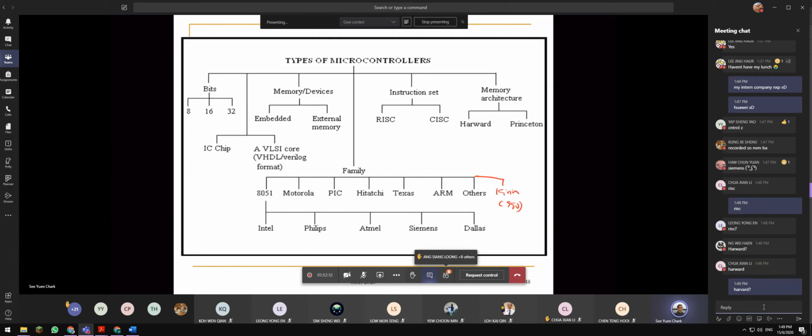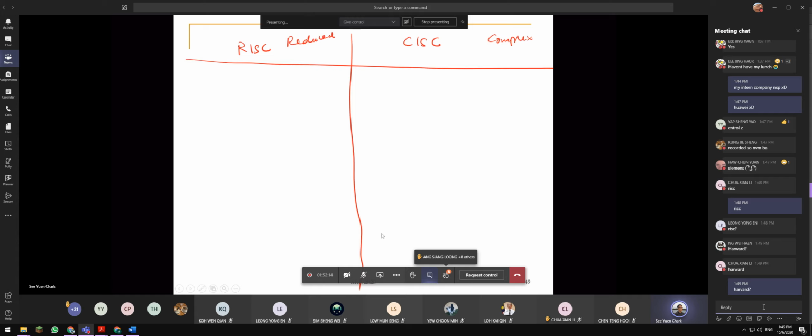So let's briefly go through what all these unique things are. Reduced instruction. Why is Microchip using reduced instruction? Basically, most microcontrollers nowadays use the reduced instruction set computer.